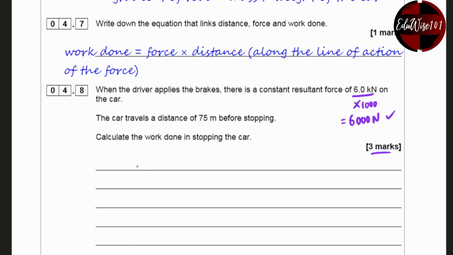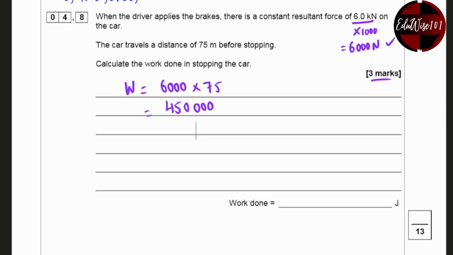Calculate the work done. So the work done, which is capital W, is the force, which is 6,000 times 75. That should give you 450,000 joules. The work done is measured in joules. So 450,000 joules. That's the end of question number 4.